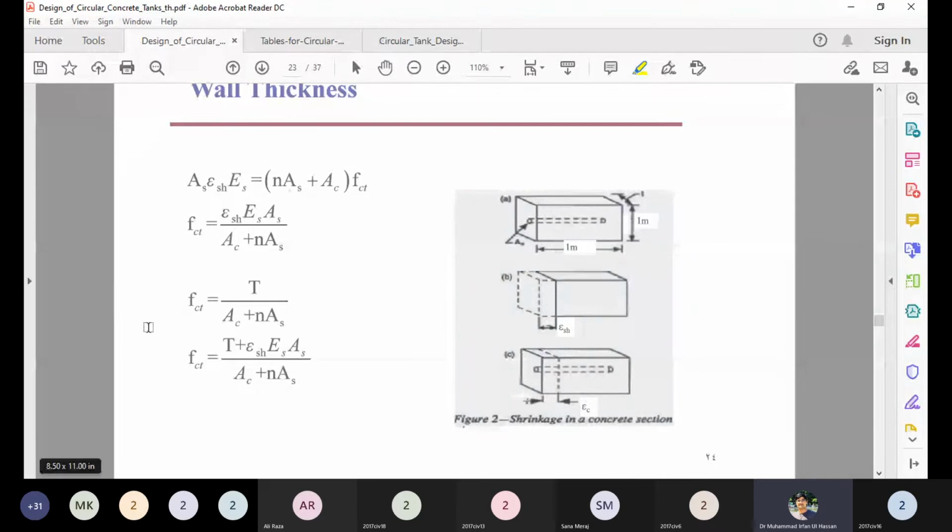From this, you can find out the area of the concrete. If you are computing this stress value for the unit width of the concrete, you can put 1 meter into the thickness of the tank as the area of the concrete. So thickness can be determined. N is known, AS is known, ES and epsilon SH are known, and force is also known.